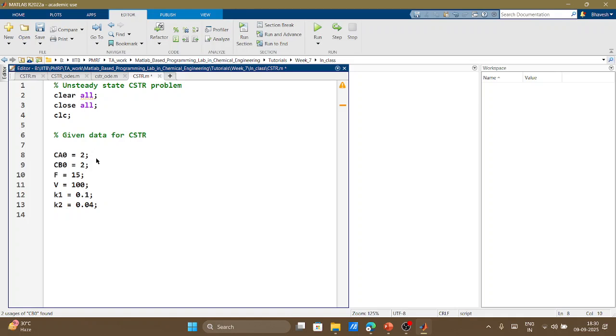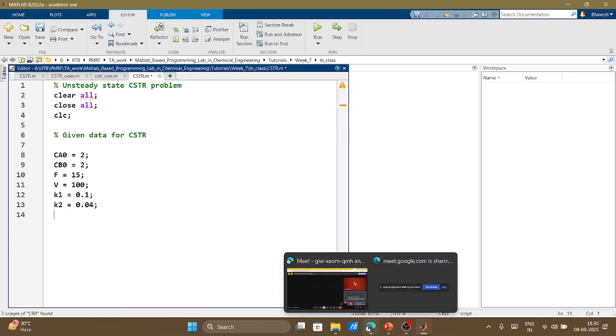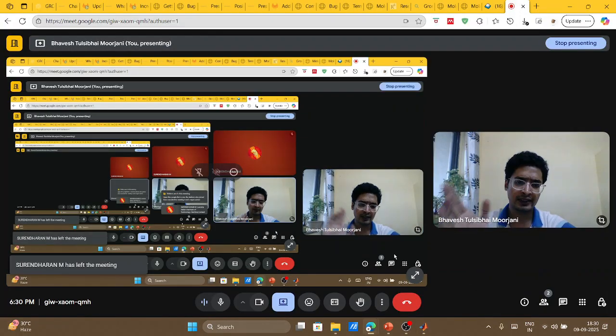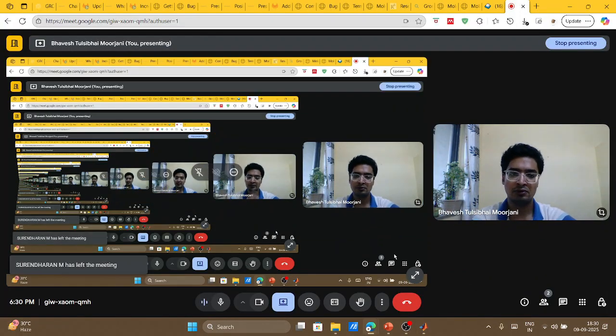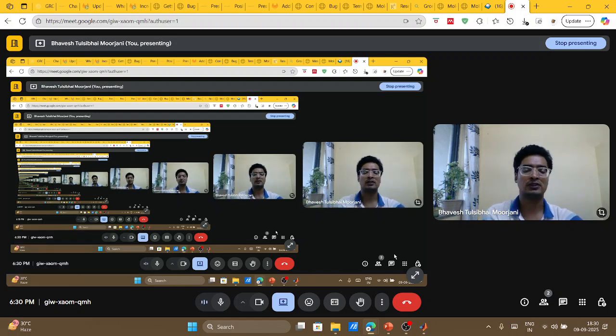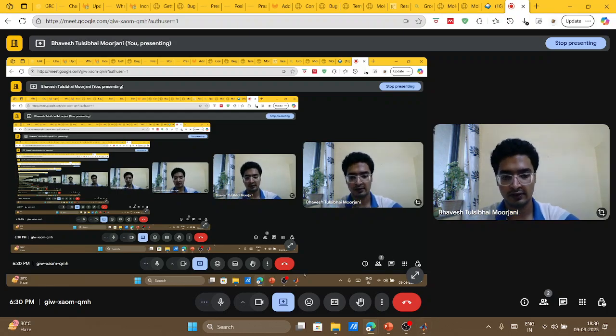It's also good practice to put a comment of units, right? As of now, since it's a practice problem and I have already tried it, I'm not putting it, but it's a good idea to keep putting unit data, so that if you encounter any error, you know whether it's because of unit conversion issues or not, right?